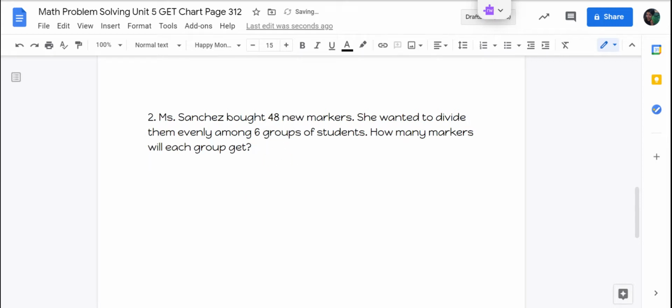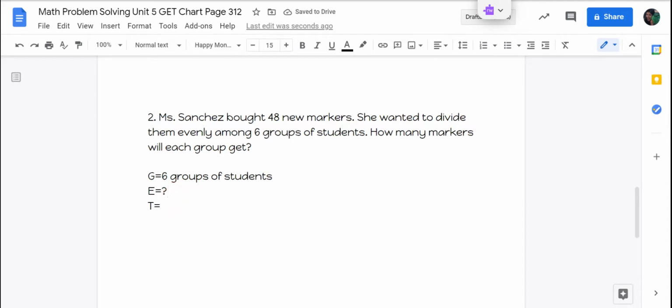All right, so now let's think about my GET chart. Groups, in each, total. So do I know how many groups there are? Tim, how many groups are there? And we're trying to figure out how many markers each group will get. So, do I know in each? Yes or no? No, I don't.